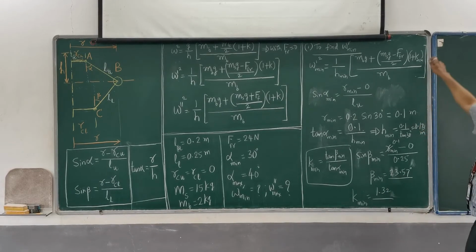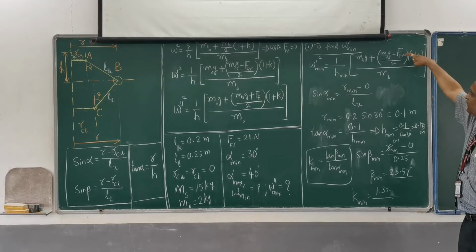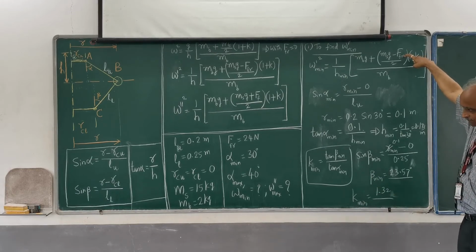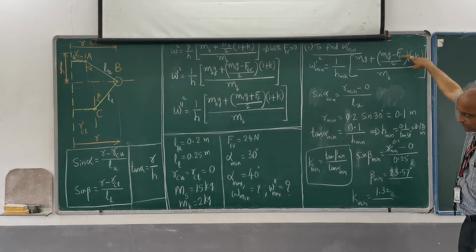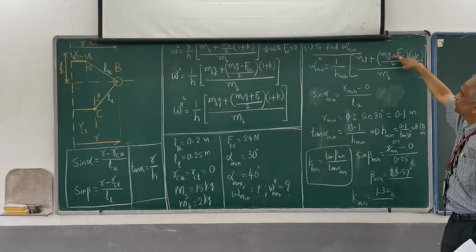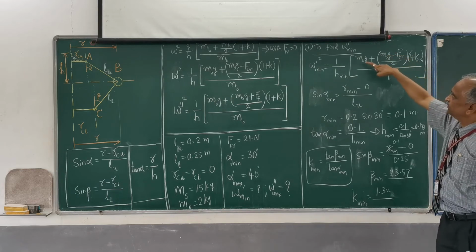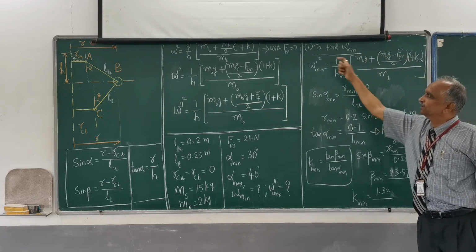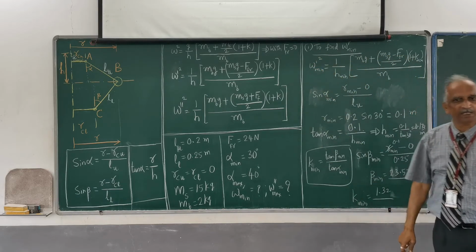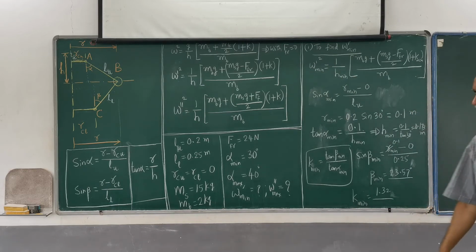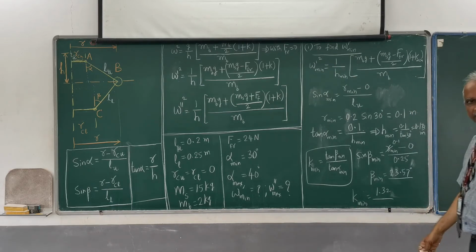Okay, now K minimum is known, FR is known, that is 24 Newton. G value is 9.8. MS is 15 kg, so MB is known. All the values are known, and therefore you can easily find out omega dash square and take the square root. You come to know omega dash.